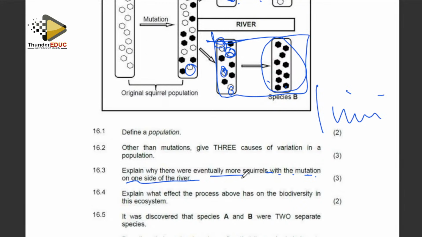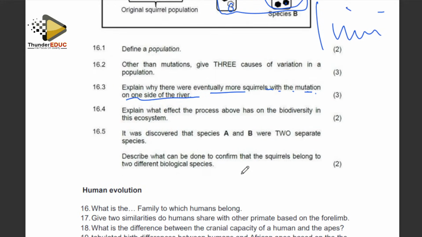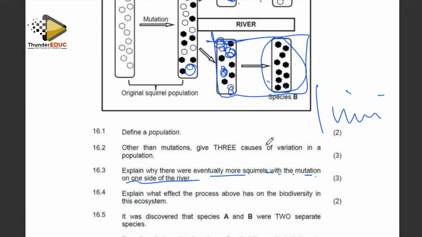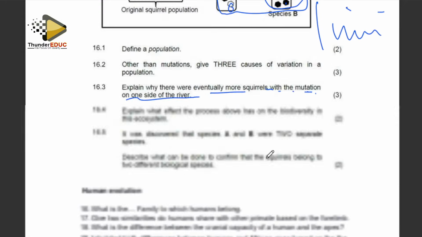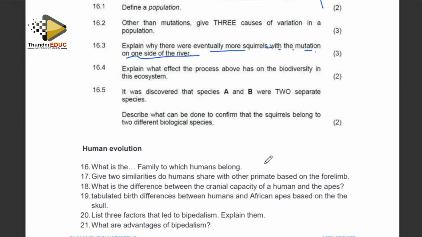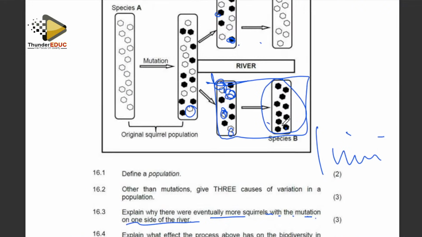It is discovered that species A and B were separated. Describe what can be done to confirm that squirrels belong to different biological species.